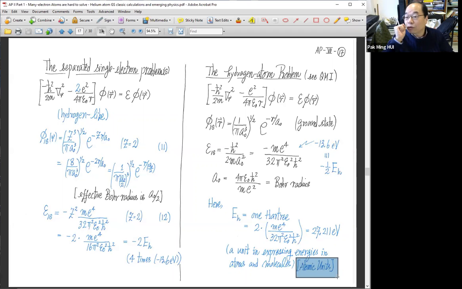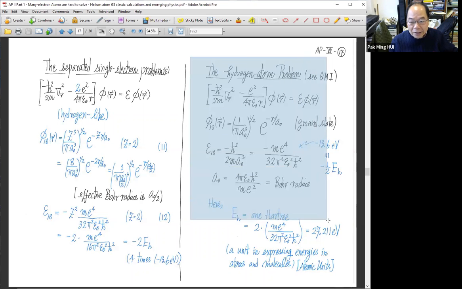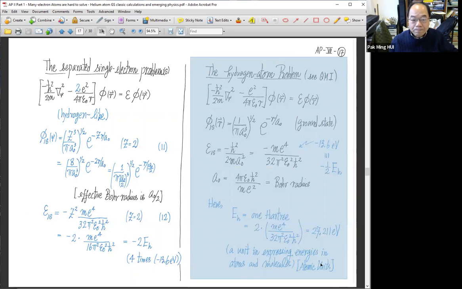That is the half Hartree. So you measure energy in half Hartree, you measure distance in Bohr radius, and then 4 pi epsilon 0 is 1 unit, etc. That is the atomic unit. For our purpose here, I just would like to define this energy scale. So this is minus half Hartree. On the right-hand side is something that you know.